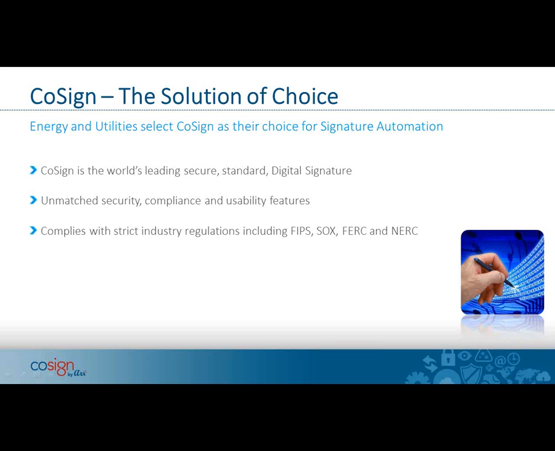Also, these documents, as I mentioned, are verifiable independently of Cosign. So again, all the information is built into the document and travels with the document for its life. Cosign is also centrally managed and controlled, making it very easy for organizations to maintain the system, support the system, and it also makes it very cost-effective as well.